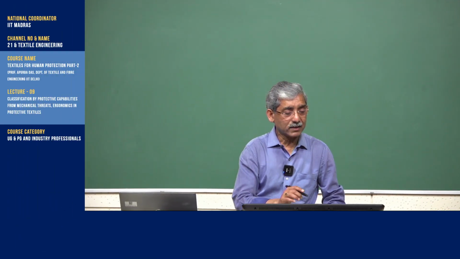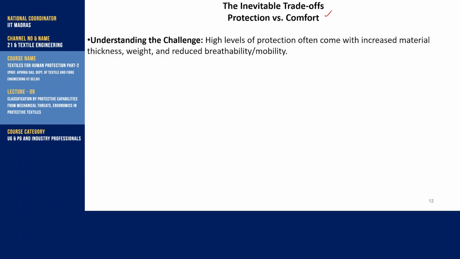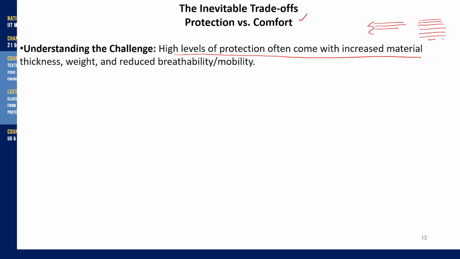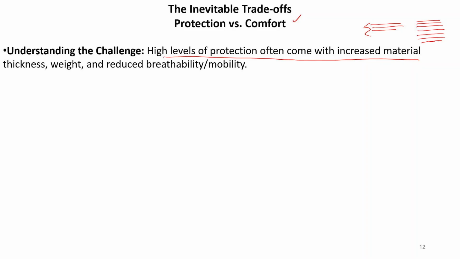So, understanding the challenge, what are these challenges? High levels of protection often come with increased material thickness. Say A has a lower number of layers and B has a higher number of layers, and we are trying to develop protection for ballistic protection or any mechanical threat, cut protection.